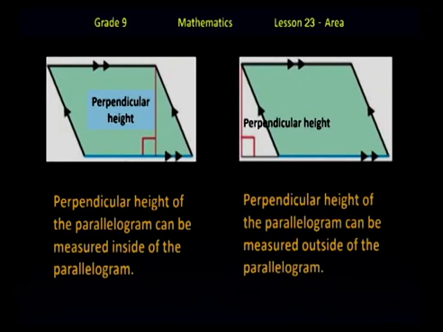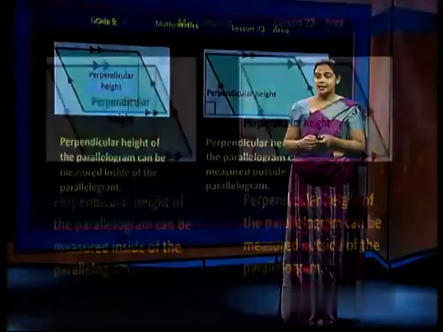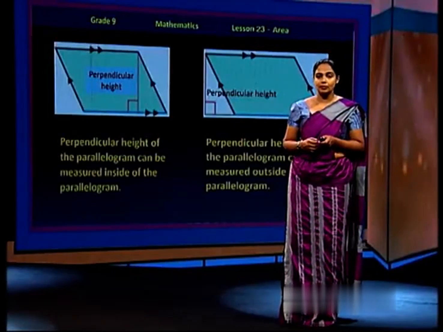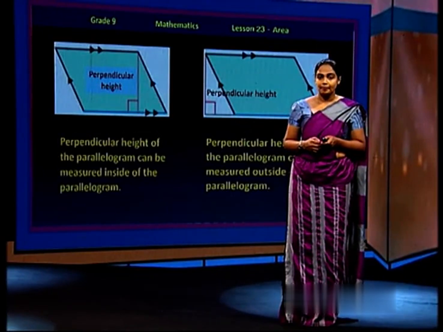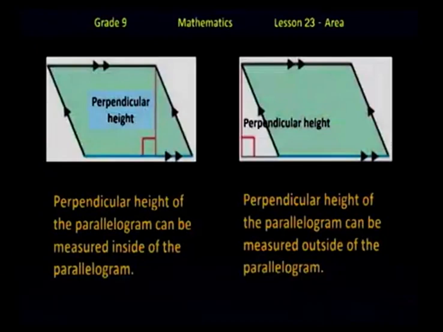We know if there are 2 parallel lines, anywhere we can draw the perpendicular distance. Here we are using this one, the perpendicular height and base. But identify the base. The base is highlighted in blue. The side is produced, but the base should be the side of the parallelogram. I think all of you could understand it. Now let's see the next one.